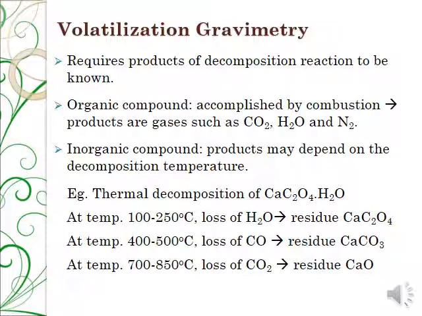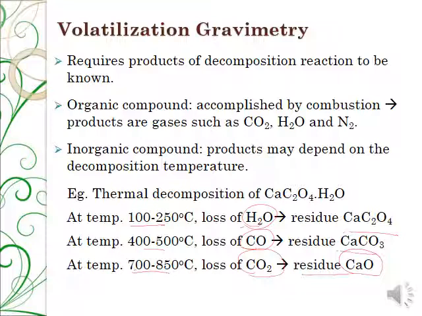At 100 to 250 degrees Celsius, there will be loss of water vapor, and the residue will become calcium oxalate. At higher temperature of 400 to 500, there will be loss of carbon monoxide gas, and the residue becomes calcium carbonate. At even higher temperature of 700 to 850 degrees Celsius, there will be loss of carbon dioxide gas, leaving behind calcium oxide.